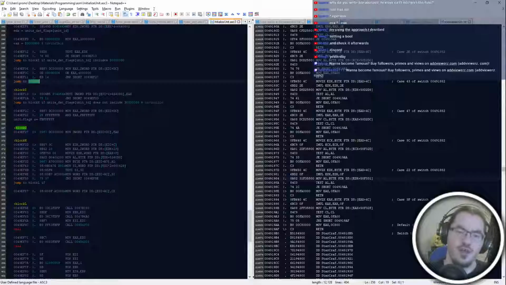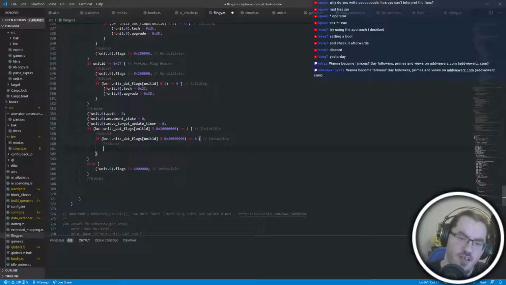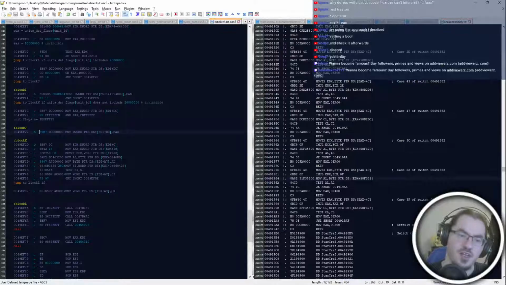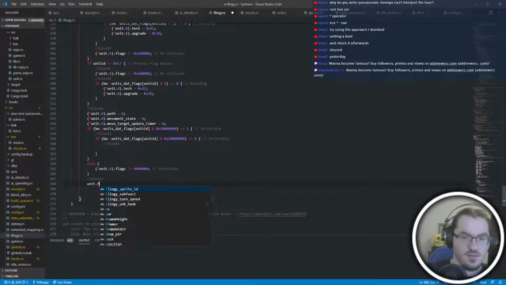All right, so yeah, we're going to have to inline block K. We wouldn't necessarily have to, but block J would have to be moved up somewhere else instead. So unit flags.